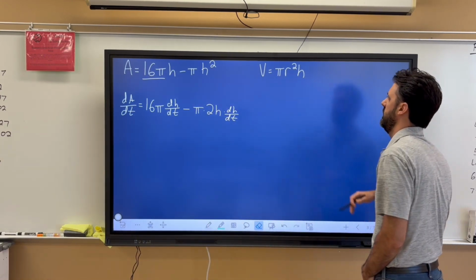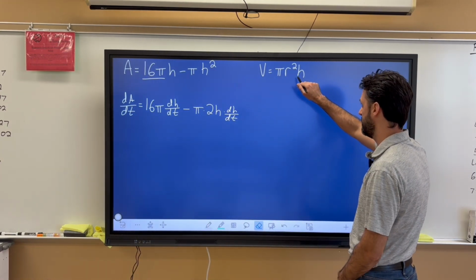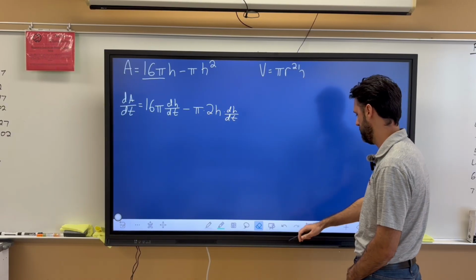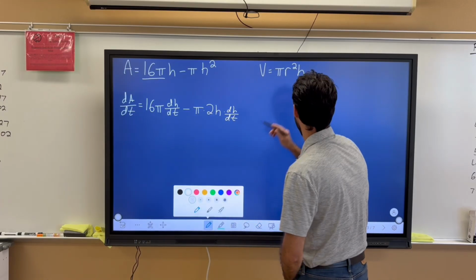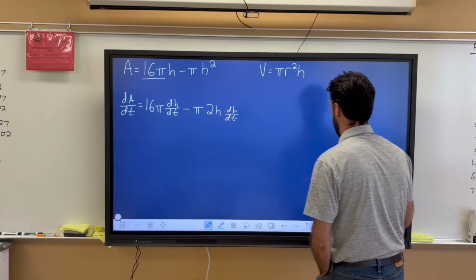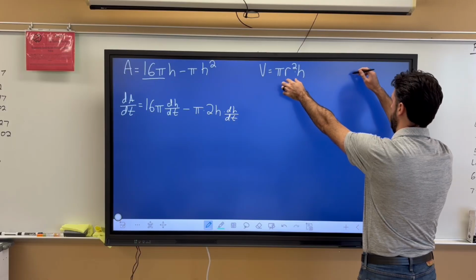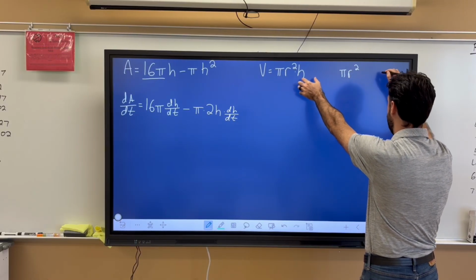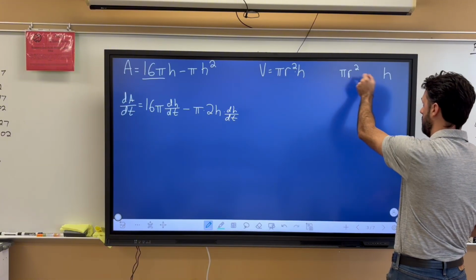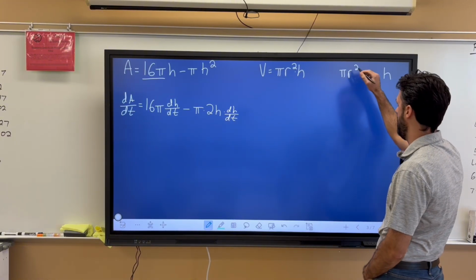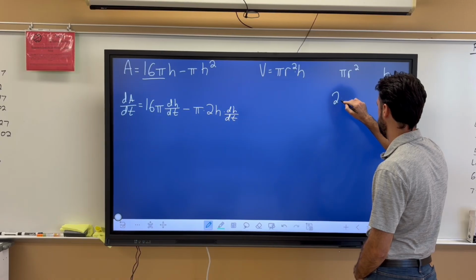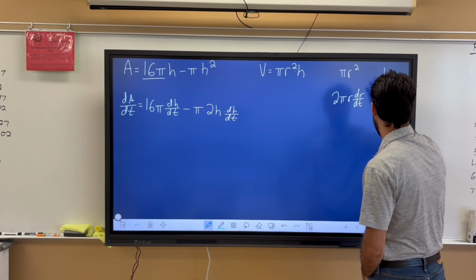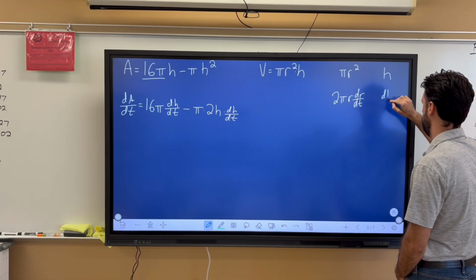All right, next one. So we've got pi r squared h. So we have 2 variables that are next to each other, right, being multiplied. So this is going to be a product rule, okay? So our left function is pi r squared. Our right function is just h. The derivative of those two, so pi r squared becomes 2 times pi r dr dt, and the derivative of h would just be dh dt.